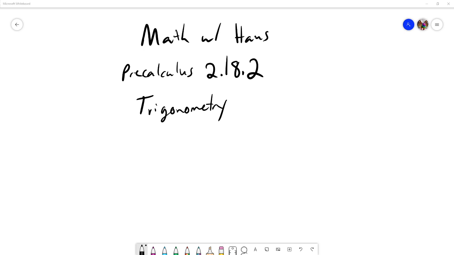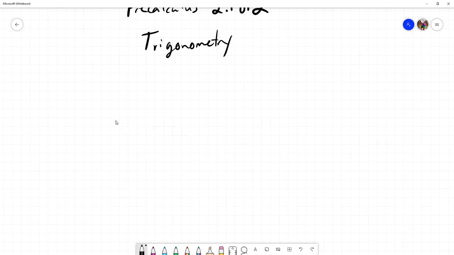In particular, we're going to cover another example of how to graph transformations of trig functions. So, let's go ahead and make up something.